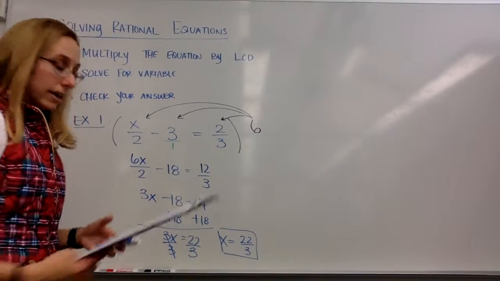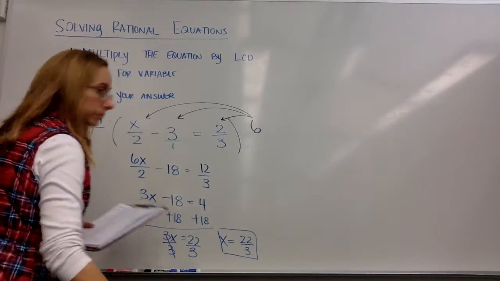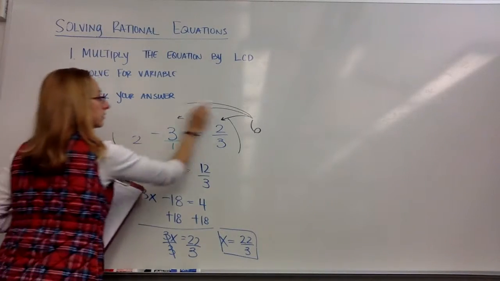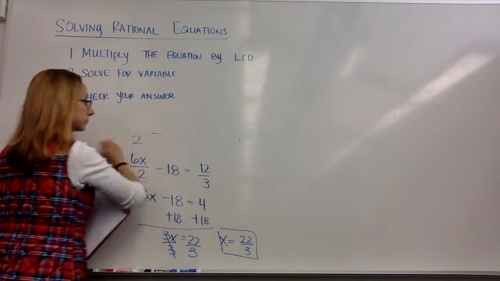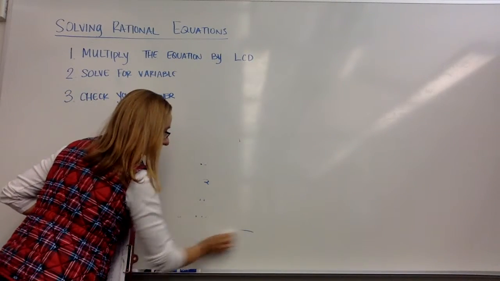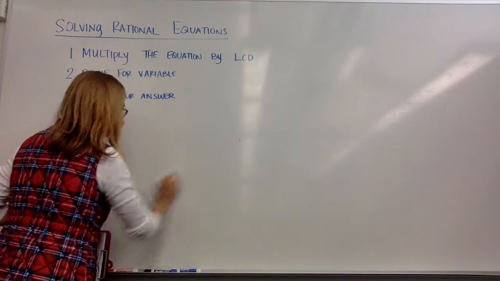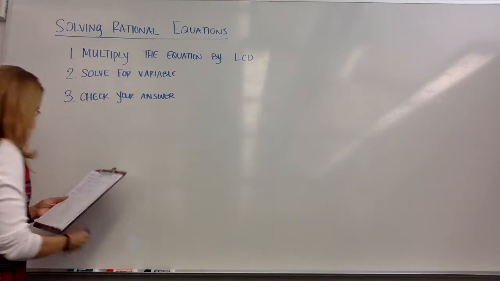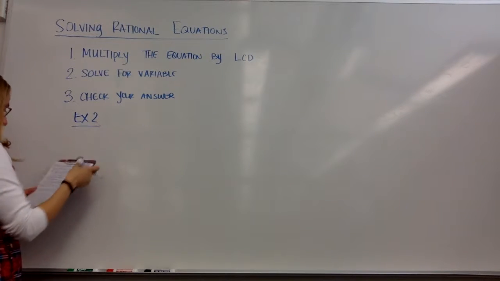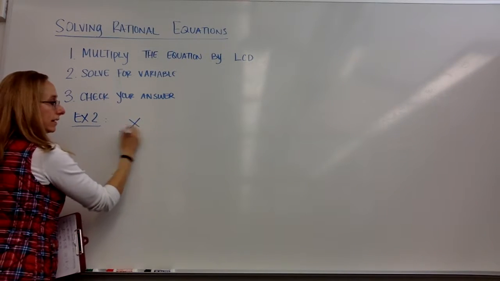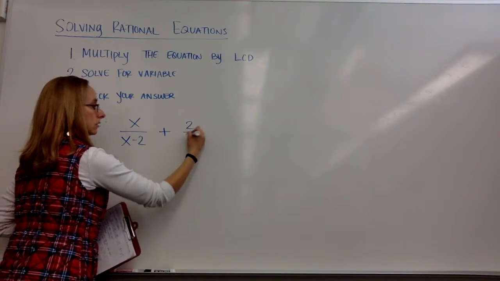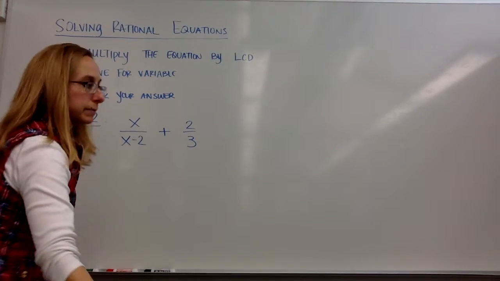Next example that we're going to be looking at. x divided by x minus 2, plus 2/3, equals 2 over x minus 2.